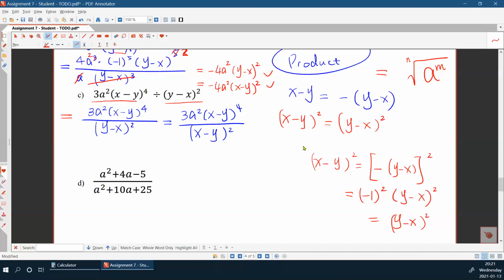Because we have already proved this on the right-hand side. This is the reason, okay? We can rewrite the expression like this. Then we can cancel these two exponents, which leaves us a 2. So the final result is 3a squared times (x minus y) as a whole to the second power.